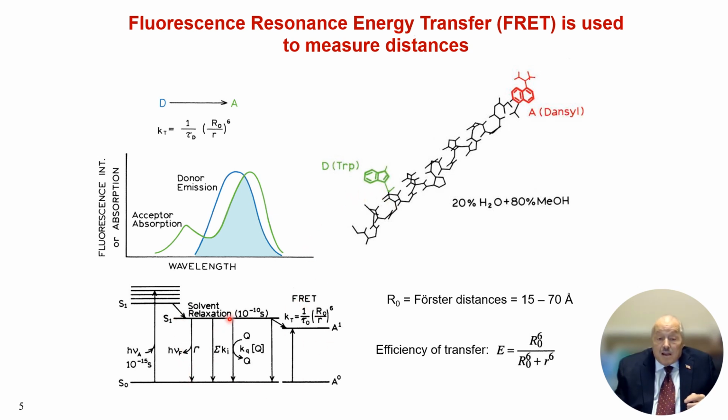We have our Jablonski diagram back here, and molecules can go down to the ground state by a variety of processes, but FRET is really a unique, different process because you're going over to another fluorescent species. For example, we've used this to look at energy transfer between a shorter wavelength tryptophan to a longer wavelength dansyl in a molecule like melittin that wraps up into a nice alpha helix. And we'll bring this molecule up several times during the lecture.